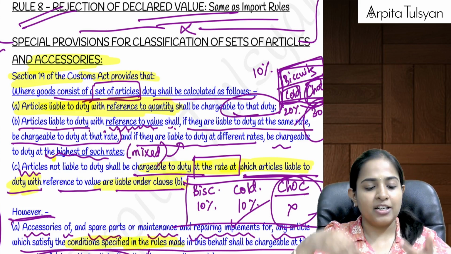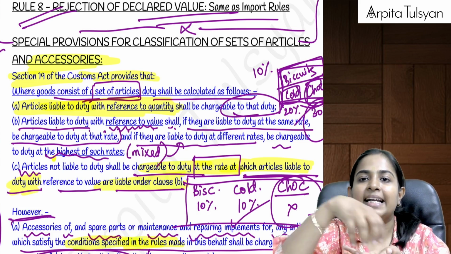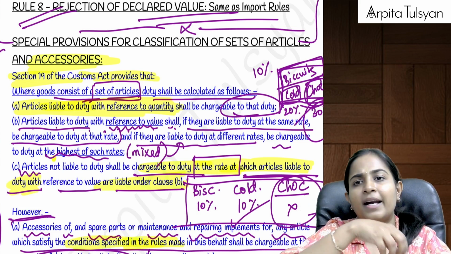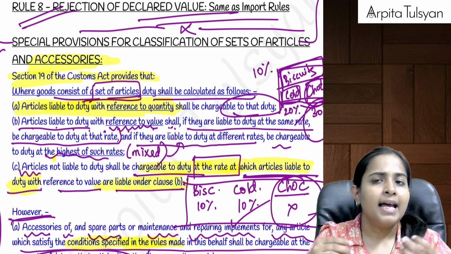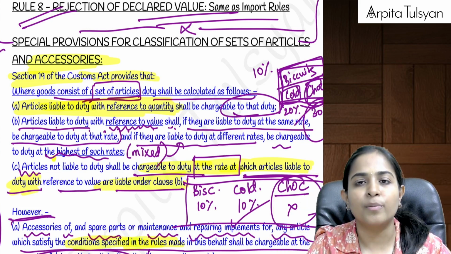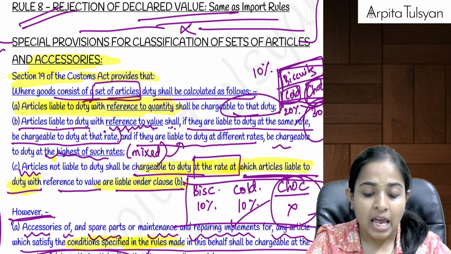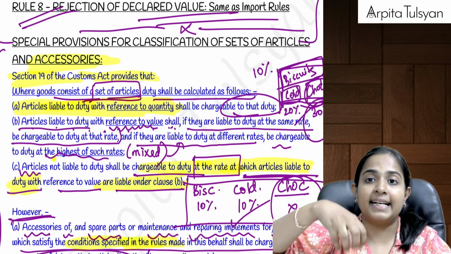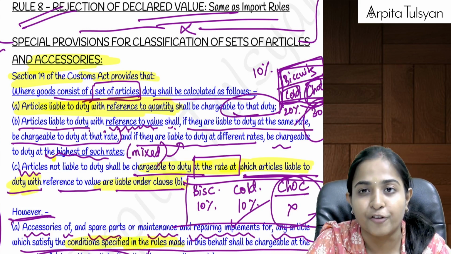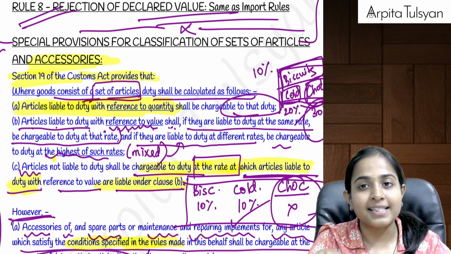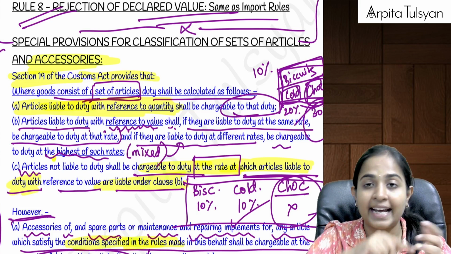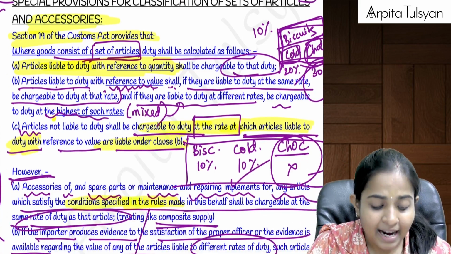Then check the individual items in that set of articles. If everything is taxable at the same 10% rate of duty, then the entire set of articles will also be taxable at 10%. But if the articles are taxable at different rates of duty, then whatever is the highest rate of duty, at that rate the entire set of articles will be taxable.